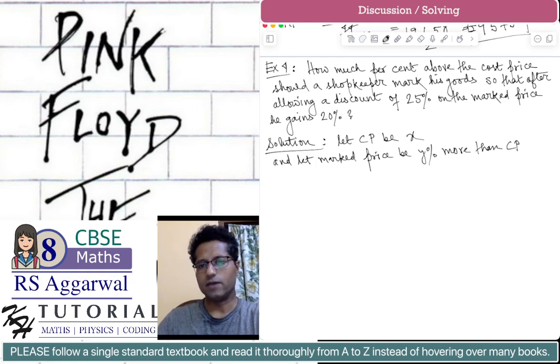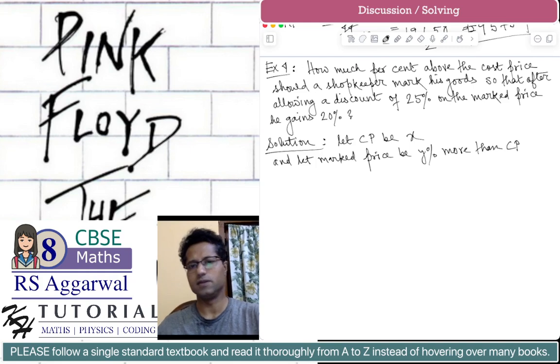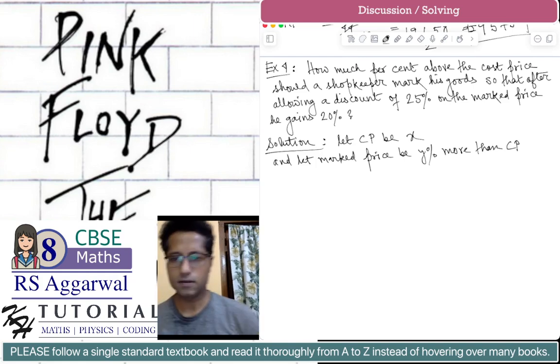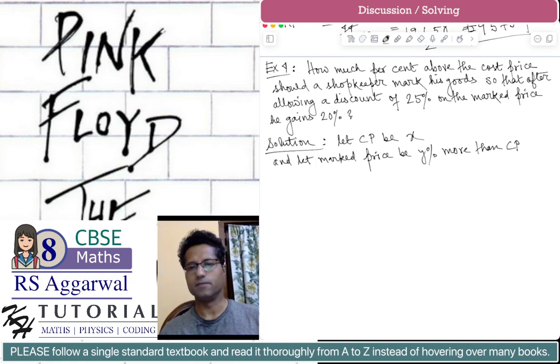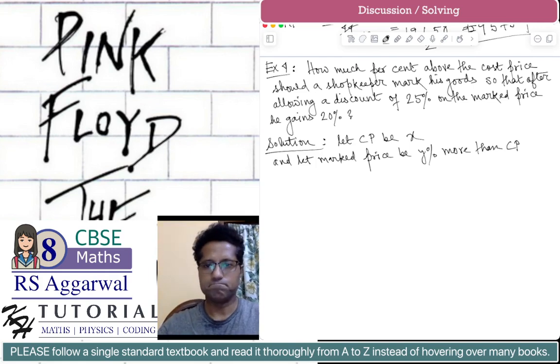Okay, so we have assumed the cost price to be X. This X will be used in the problem, but it will get cancelled out, so do not worry. What we have to find is Y. We have the cost price as X and the mark price as Y% more than CP.